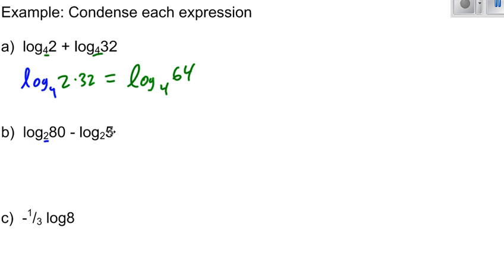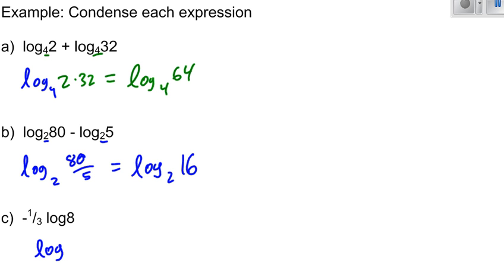As long as the bases are the same, base 2, log base 2, since it's subtraction, it becomes division. 80 over 5. So that's log base 2 of 16. And now we have a negative 1/3 in front, which can become a power. So that would become log of 8 to the negative 1/3.